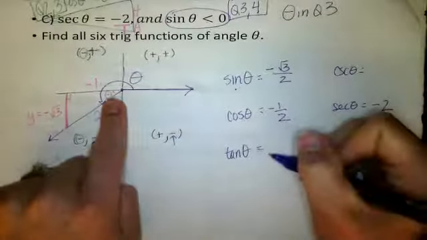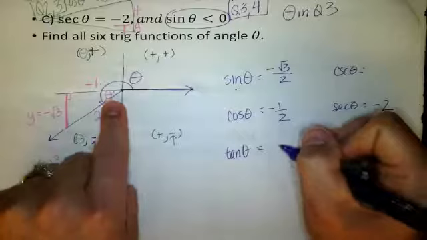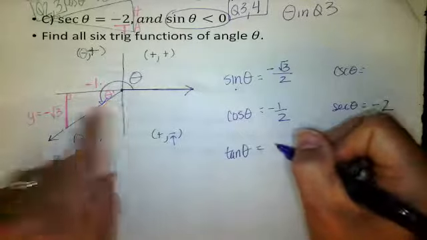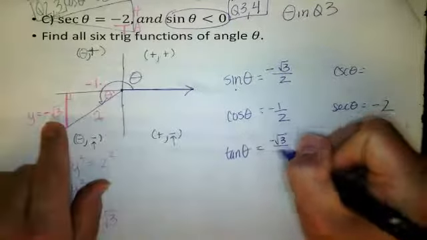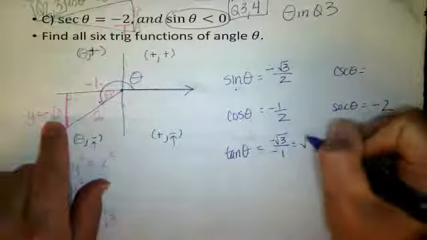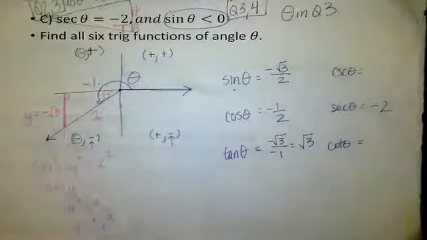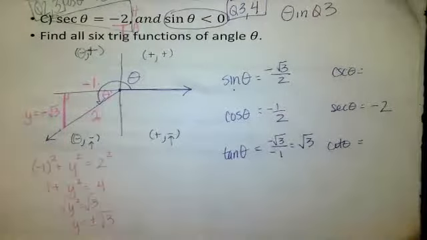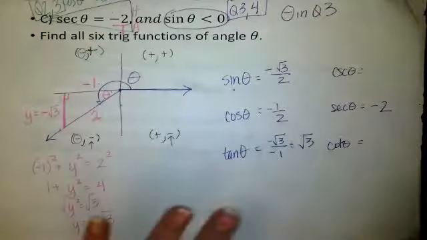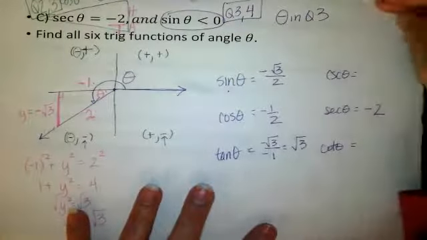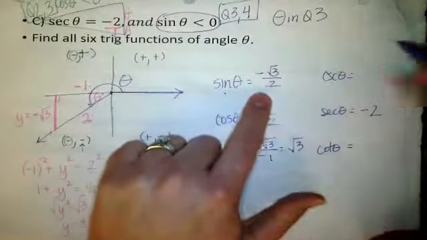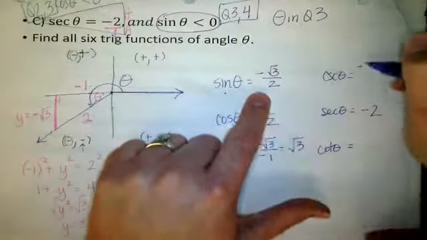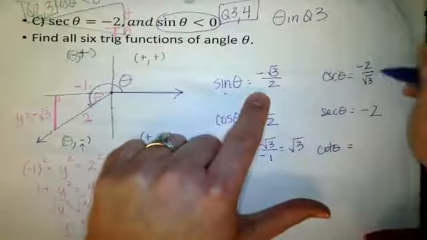Tangent, according to our reference angle, is negative radical 3 over negative 1, which would be radical 3. Positive radical 3. Good. We can flip these for the reciprocal functions. That becomes negative 2 over radical 3, but what do we need to do?